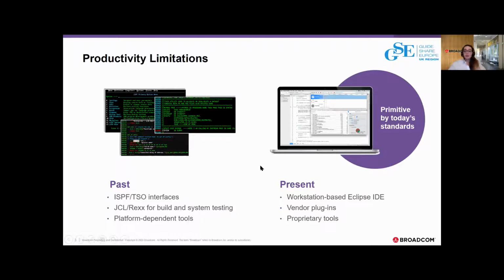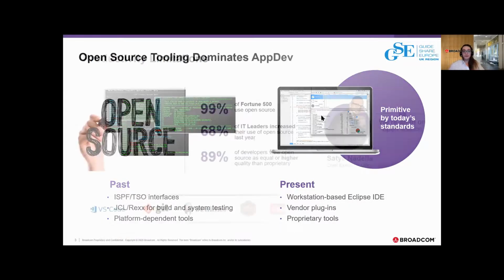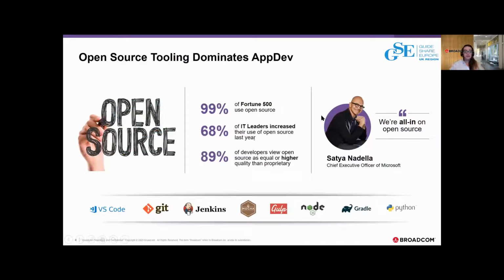That is why we also considered going this way and enabling our product for Zowe, and that's how the whole Zowe idea originated. That's where we come to the idea of using open source tooling, and that is why open source tools become more and more popular.